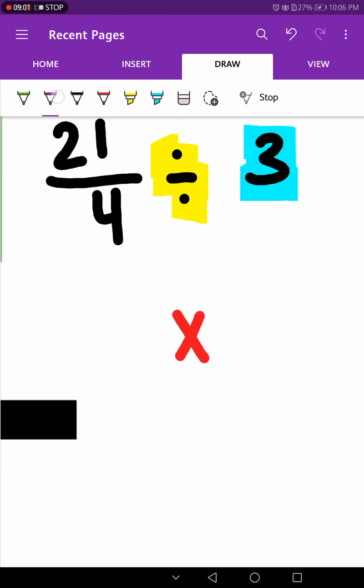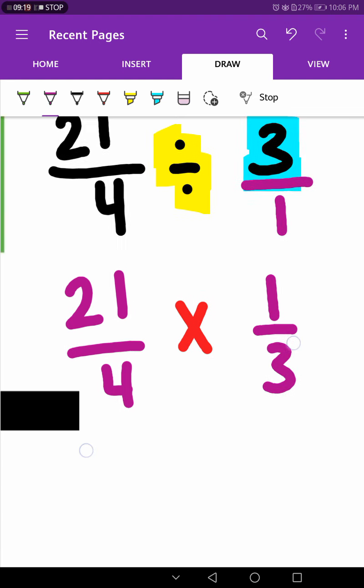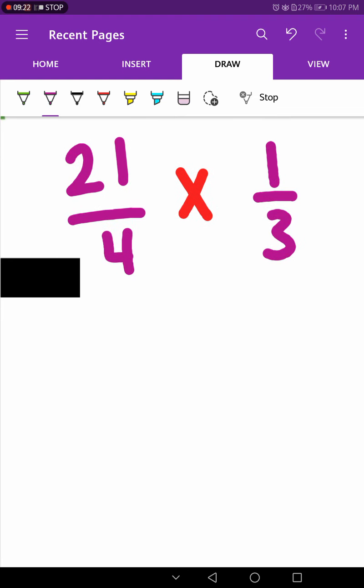In fact, any whole number in the world has a 1 living down of it. So what is the reciprocal of 3 over 1? So it is 1 over 3. Okay. Now 21 over 4 multiplied by 1 over 3.